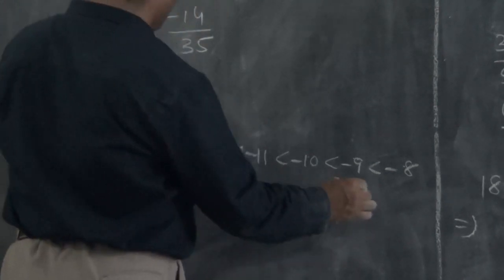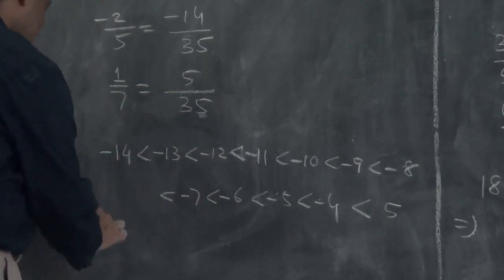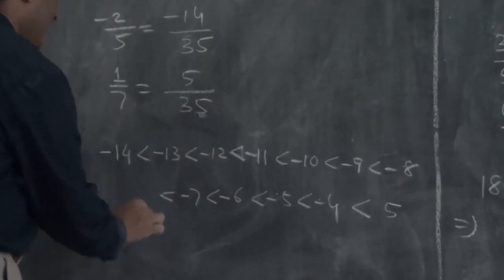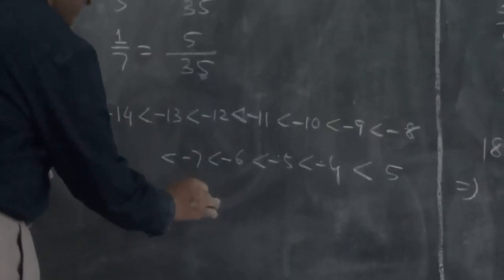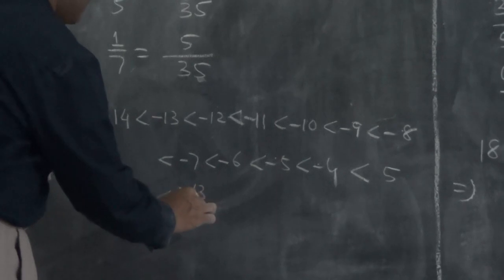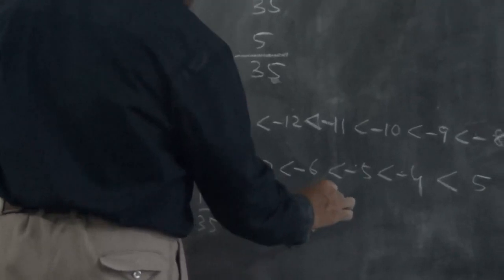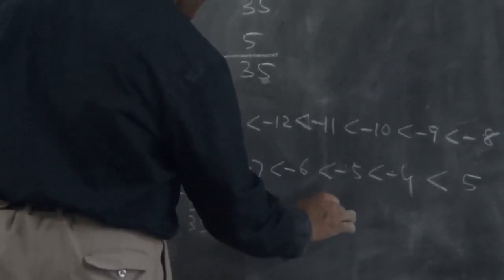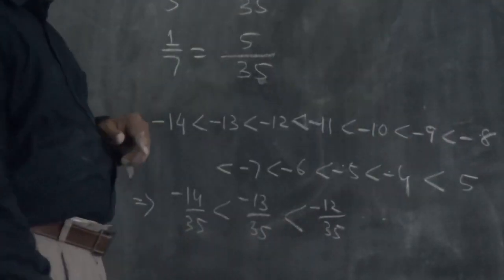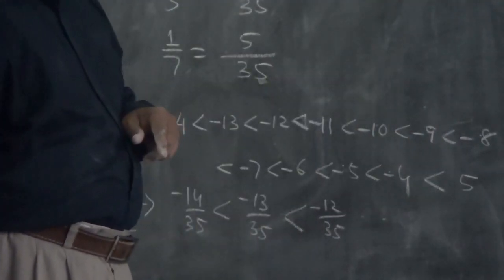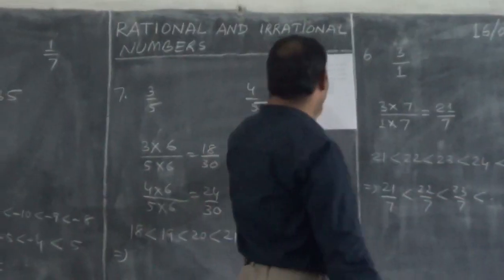And less than, I will write 5. Finished. That implies minus 14 by 35 less than minus 13 by 35 less than minus 12 by 35 and so on. You will write up to less than 5 by 35. So this is how you need to insert more rational numbers.